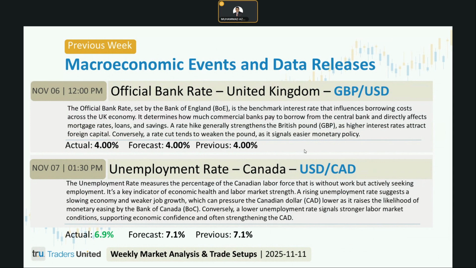A rate hike generally strengthens the British pound as higher interest rates attract foreign investment and reflect tighter monetary policy. Conversely, an interest rate cut tends to weaken the British pound, signaling easier policy and slower economic momentum.